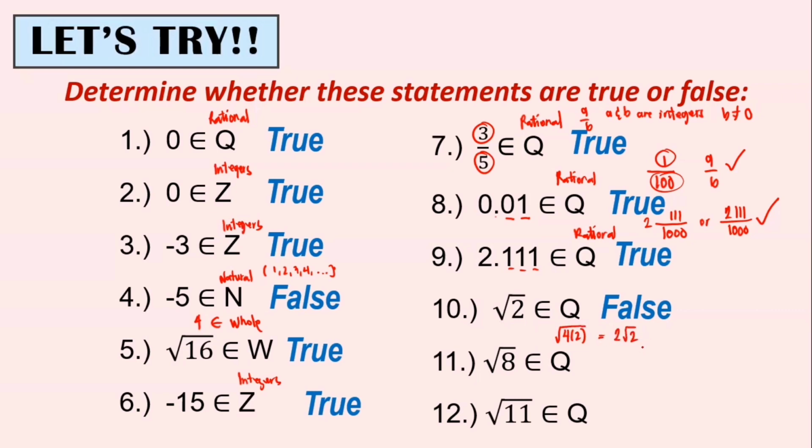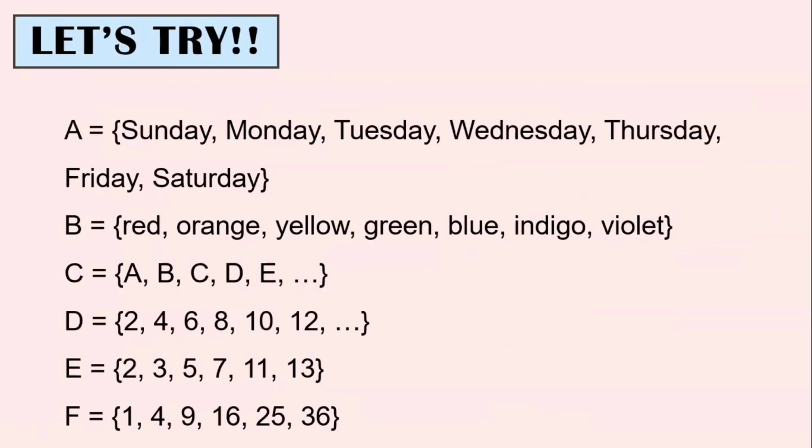Ibig sabihin, kahit pa na merong perfect na 4, as long as merong kang square root of 2 na irrational, the result is still irrational. Therefore, square root of 8 is an element of irrational numbers and not rational. So this is false. Okay, square root of 11 is an irrational number.